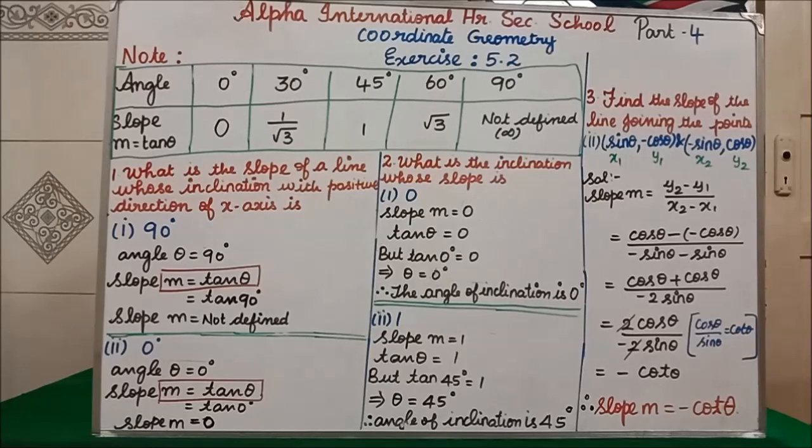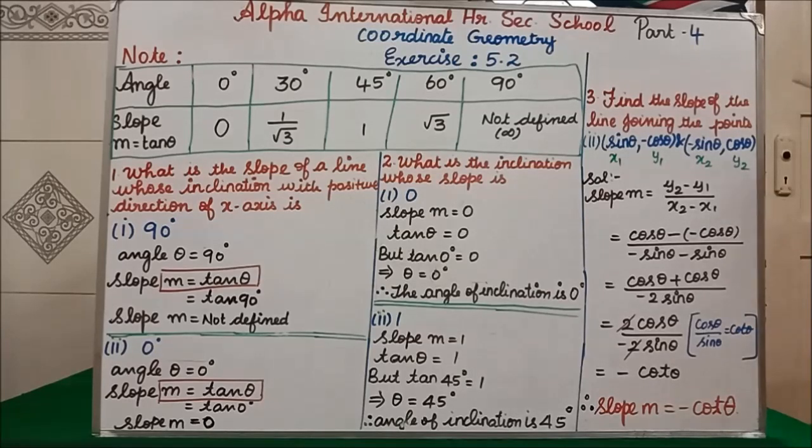The first is to find the slope through 2 distinct points, then one formula for parallel lines, and one for perpendicular lines. Now, when 2 points are given, the formula is slope m is equal to y2 minus y1 divided by x2 minus x1.